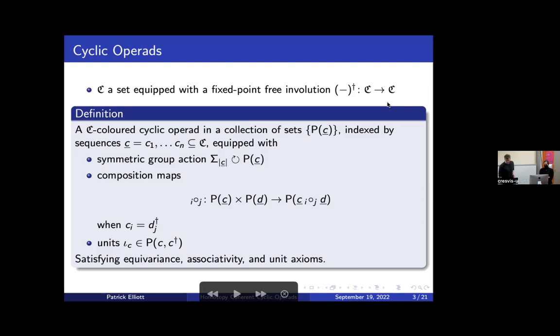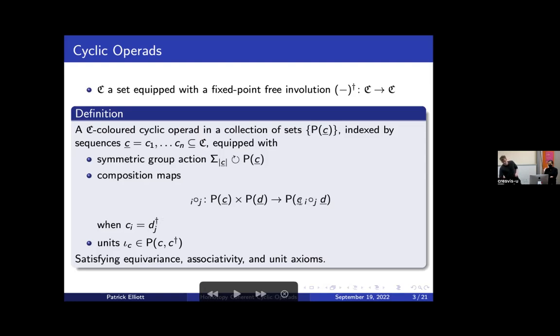So a C-colored cyclic operad is just a bunch of sets indexed by sequences of colors in our color set. We've got a symmetric group action permuting these guys here. And most importantly, we've got these composition maps. So when we have one of these guys indexed by this list C and this list D, if C_i is equal to the involution applied to D_j, then we can compose.